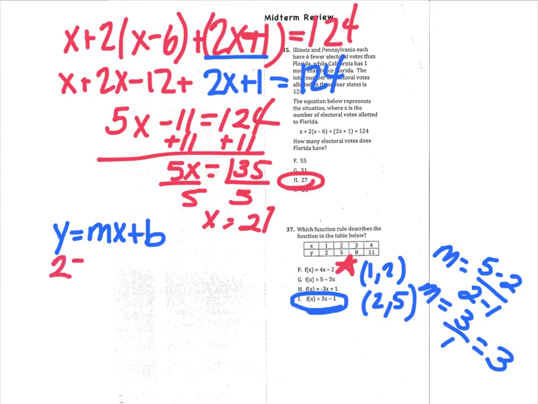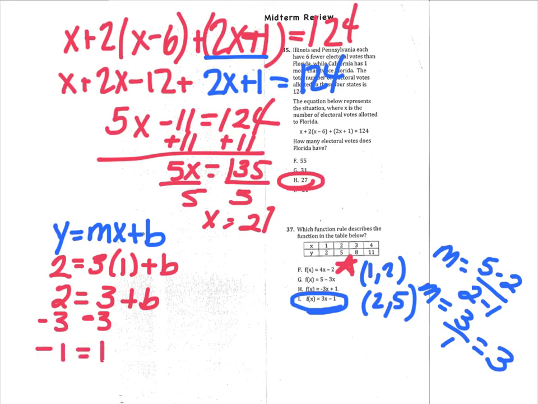Y is 2, m I just found, m is 3, and going back to my point, x has a value of 1, and b is what I'm trying to discover. So I get 2 is equal to 3 times 1, which is 3, plus b. And when I solve for b, I subtract 3 from both sides, and I get negative 1 equal to b. And so that's how I can find the b value as well.